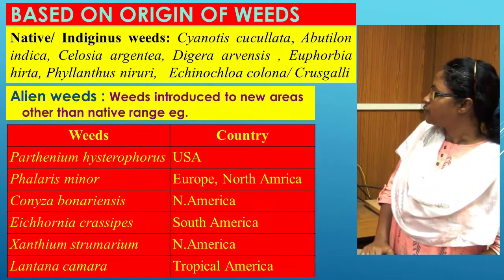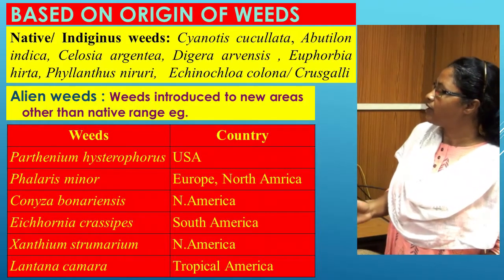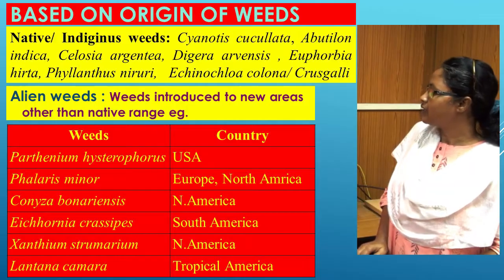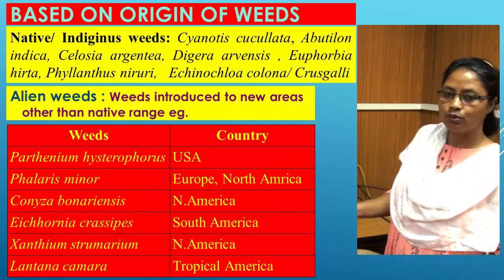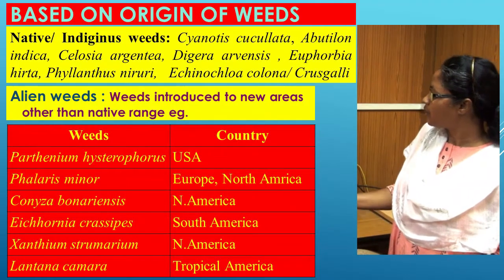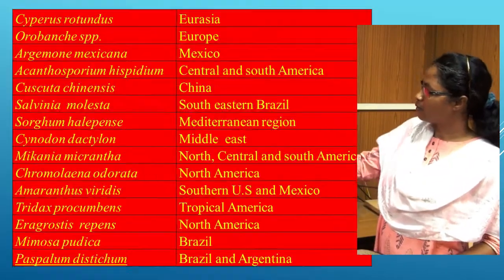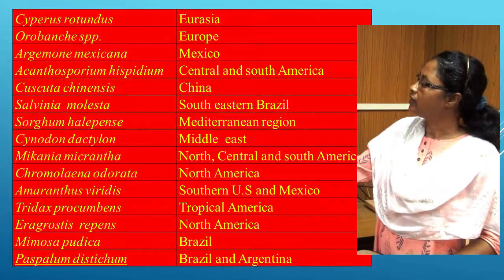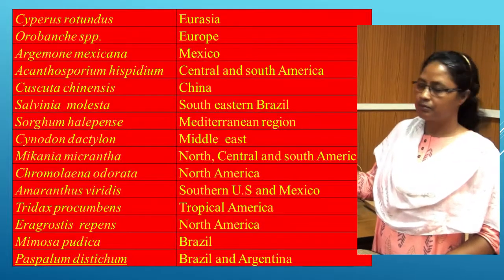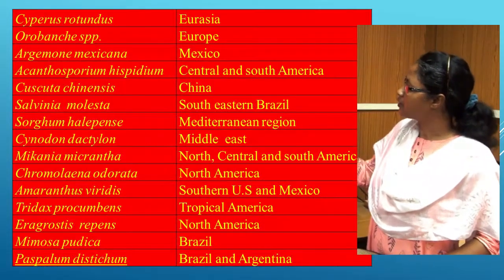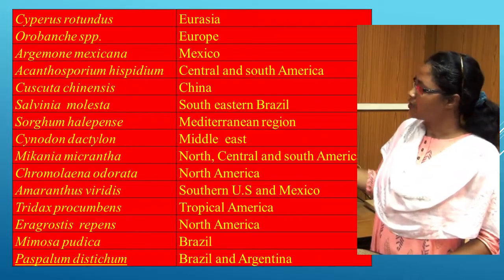Conyza comes from North America. Echinochloa crus-pavonis from South America. Xanthium strumarium from North America, and Lantana camara from tropical America. Similarly, these are also names of weeds and which country they are native of, here it is shown.